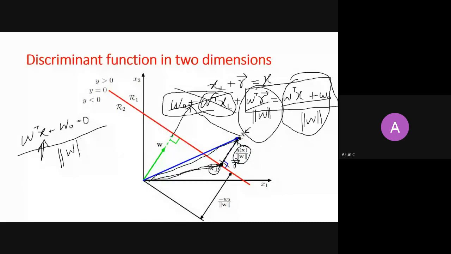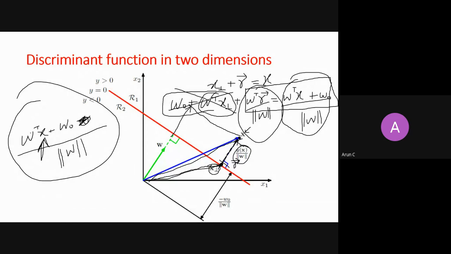Simple. If you get confused, you just put X in the hyperplane equation, which is nothing but W transpose X plus W0. You feed that X into this equation and normalize it. It will always give you the orthogonal distance of a point X from the hyperplane. And it is a signed distance.